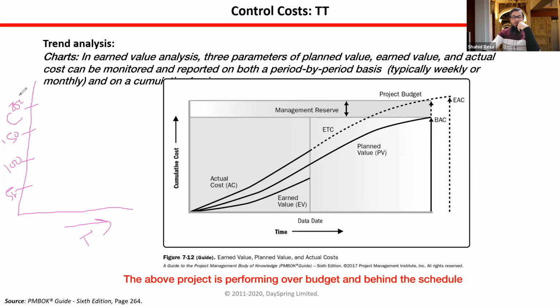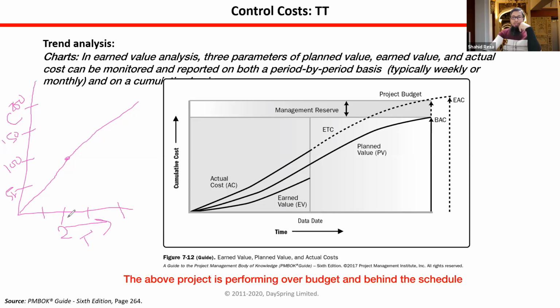This is our cost baseline and schedule baseline. We are actually measuring everything on day 2. In our case, what was the plan value? On the second day, the plan value was 100. So this is the point of plan value, and if you draw the line like this, this is the plan value.